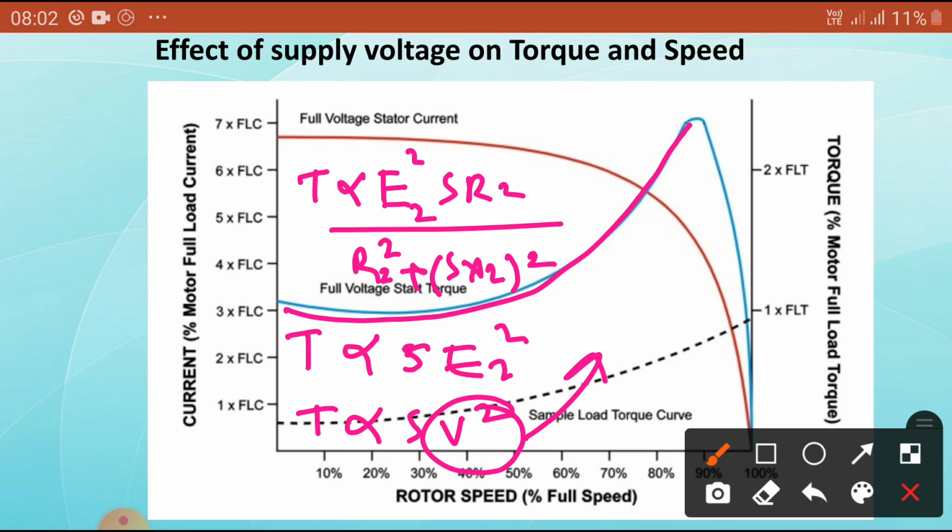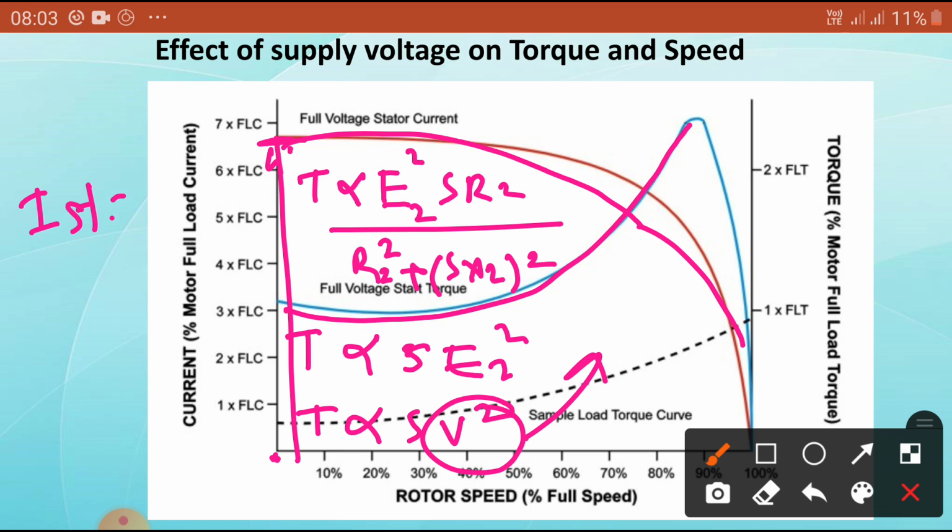Correspondingly, once voltage increases, the current will also increase; initial current is this one, and it goes on decreasing up to this stage. Okay. Now, you can see the rotor speed. Rotor is initially in standstill condition, so it will take the starting current. We know that the starting current is 5 to 7 times the full load current to develop that starting torque.